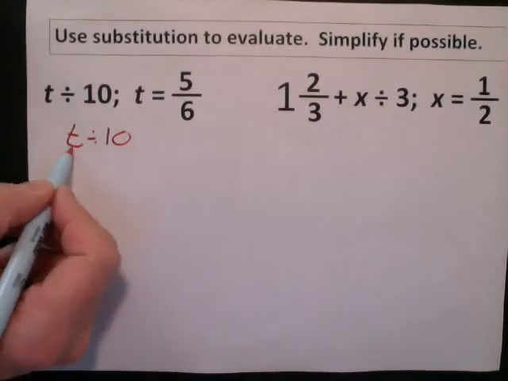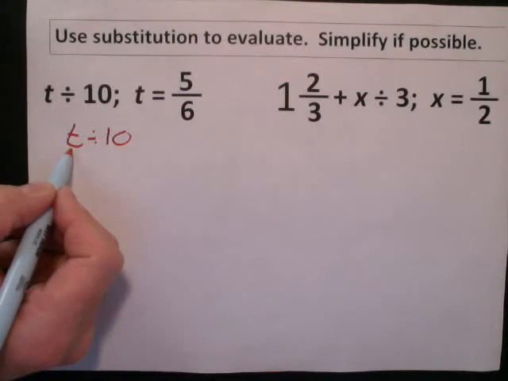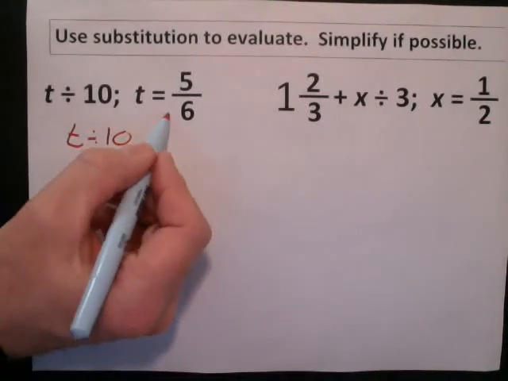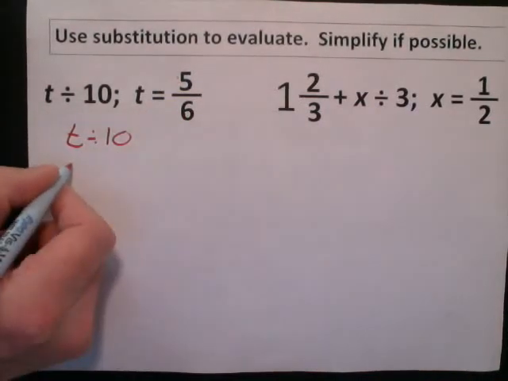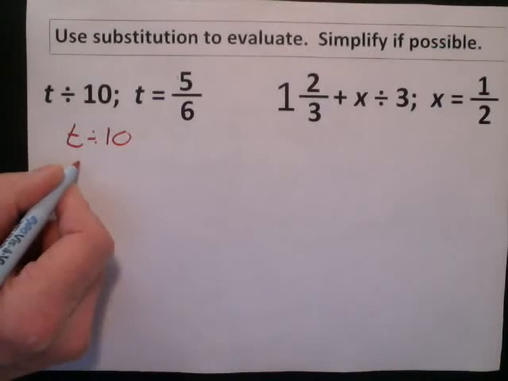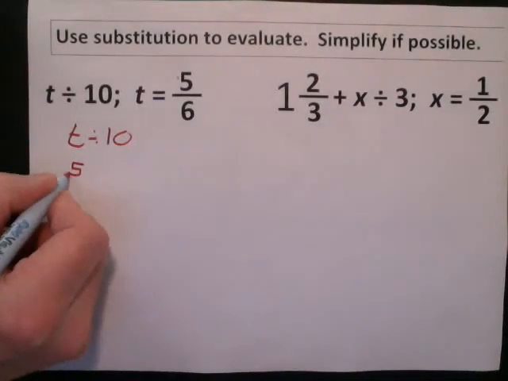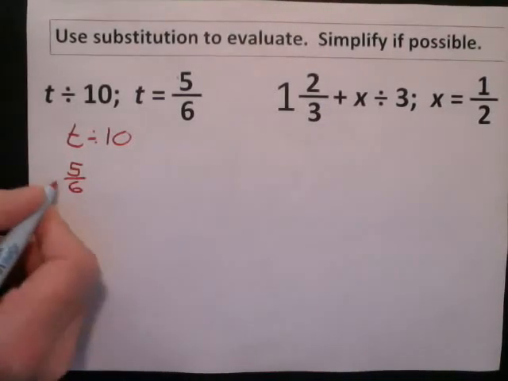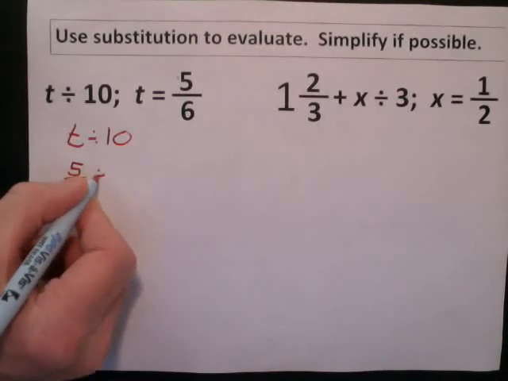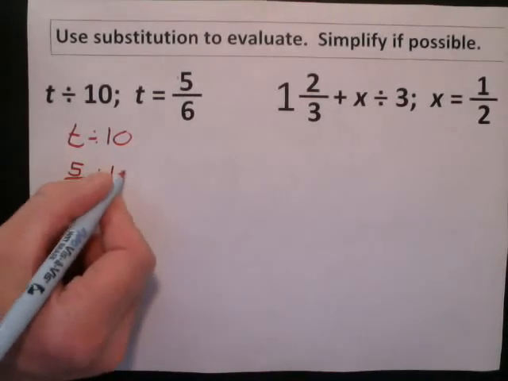And we need to substitute t for the value that they give us, 5/6. So we're going to rewrite it as 5/6 divided by 10.